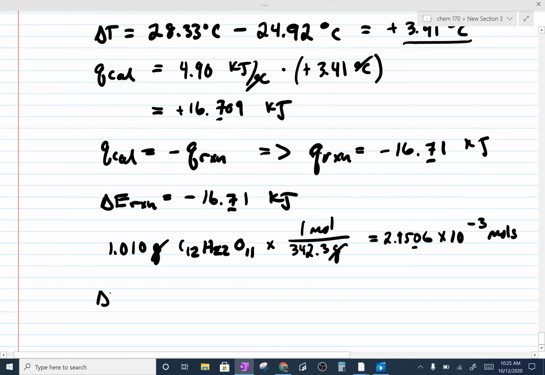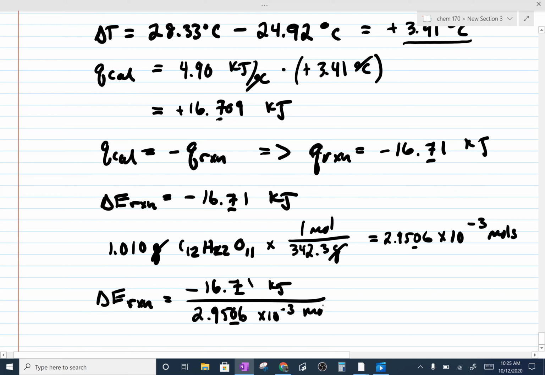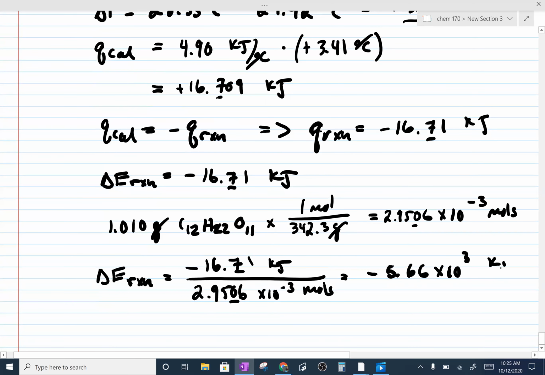So we take delta E reaction, equal to negative 16.71 kilojoules, and divide that by the moles, 2.9506 times 10 to the minus 3 moles, and we get negative 5.66 times 10 to the 3 kilojoules per mole.